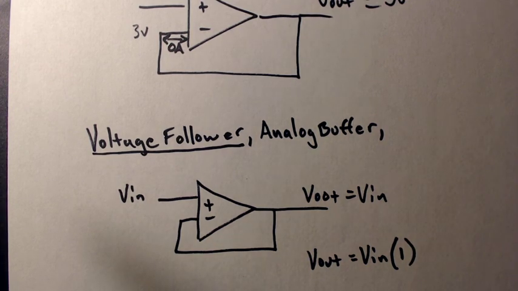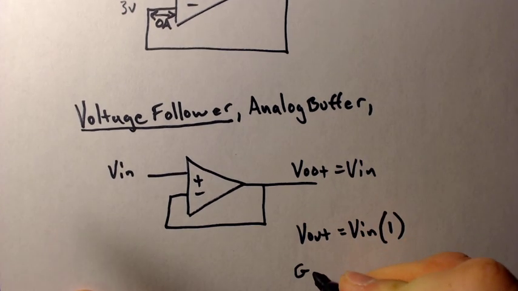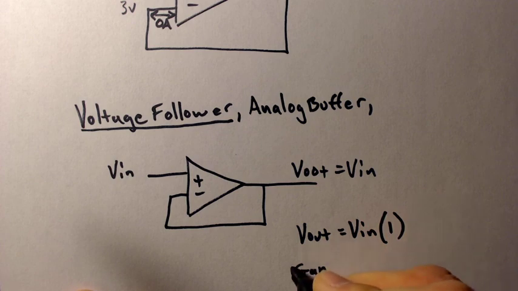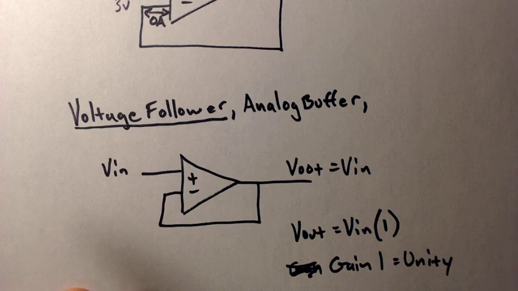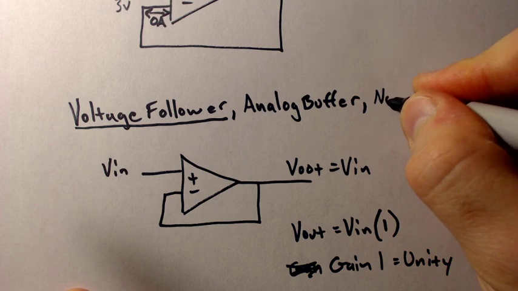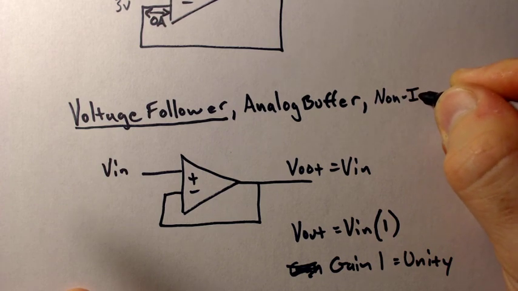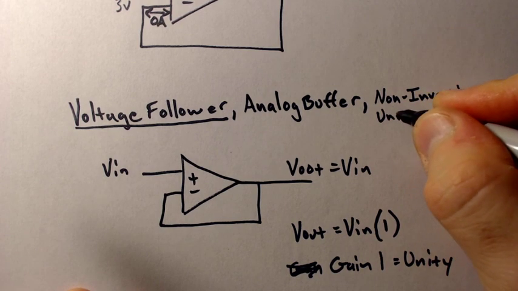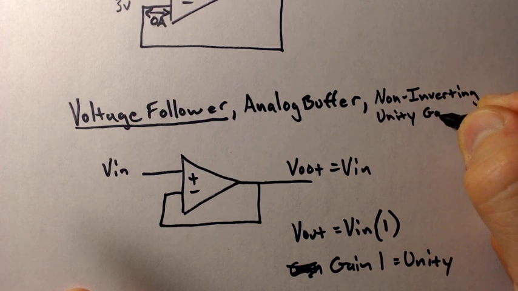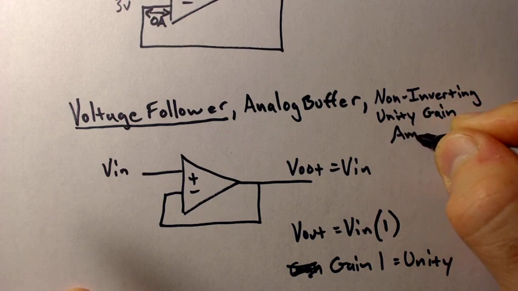Okay, now when you have a gain of 1, we call that unity gain. Okay? So this could also be a non-inverting unity gain amplifier.